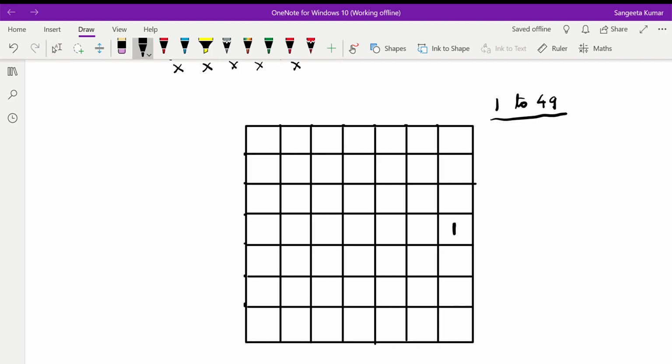The opposite end will be occupied by the last number, and the middle one will be occupied by what we have to do, 49 divided by 2. So how much do we get? 24.5, which will be rounded off to 25.